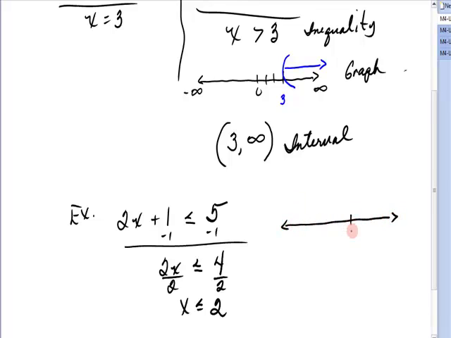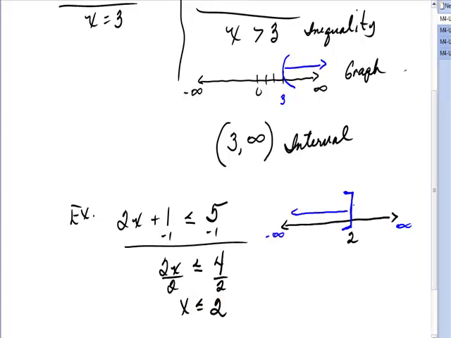How does that graph look any different? Well, you still have to locate 2 on a number line. Less than 2 is going to be this way. And remember, this is negative infinity, this is positive infinity on a number line. The difference is not because it's less than, but because it has equal with it. We don't use a parentheses here. Because it had equal with it, we use a bracket. That tells somebody that x can be less than 2, but it can also be equal to 2.